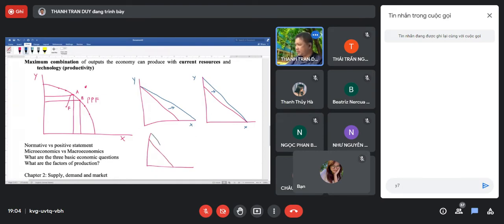And the curve shifts like this. Now, can anyone tell me, for diagram number 1, number 2, number 3, what caused the shift of the curve? It's growing. It means that we have more output.